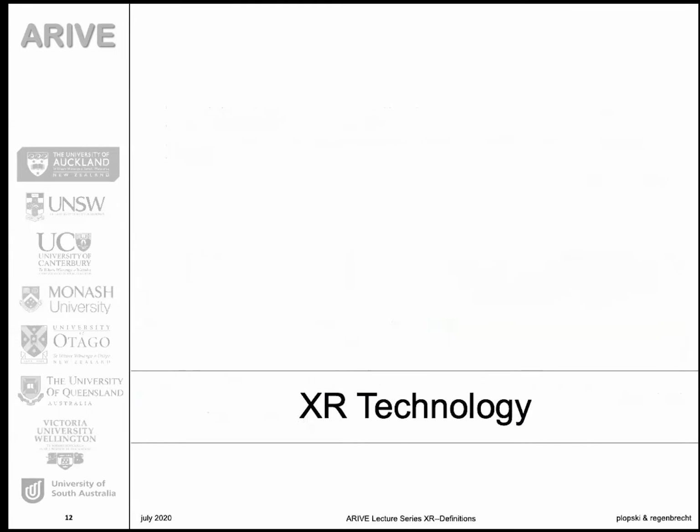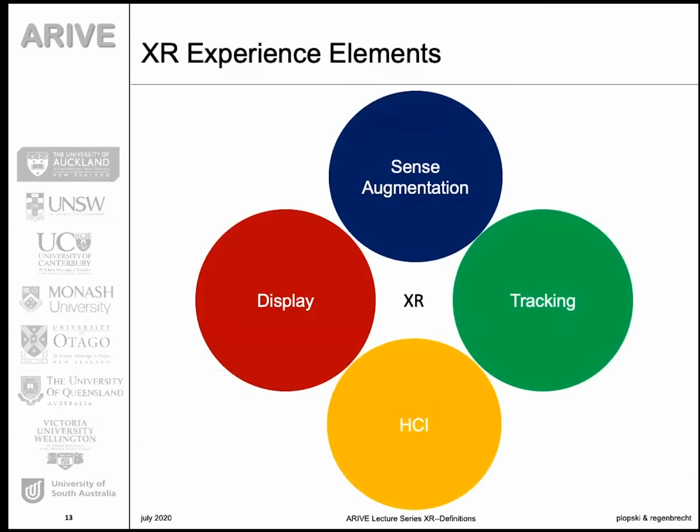Now, to create this sense of immersion and presence, we can utilize a lot of technology, and many technological aspects are playing into this. Here are the four main ones. These are sense augmentation: what information do we provide to the senses of a user?